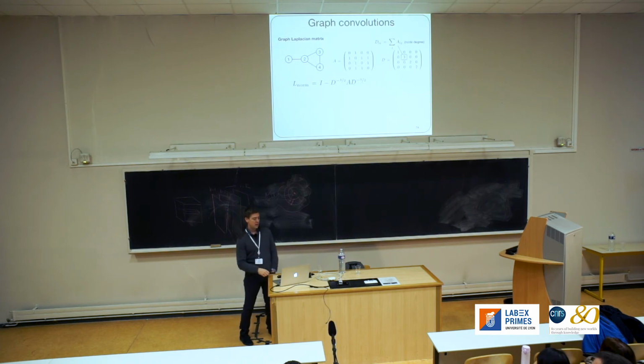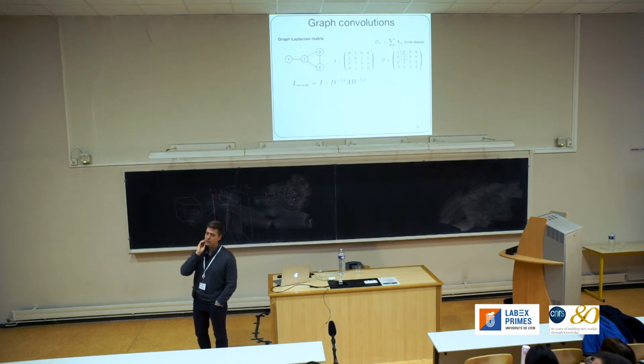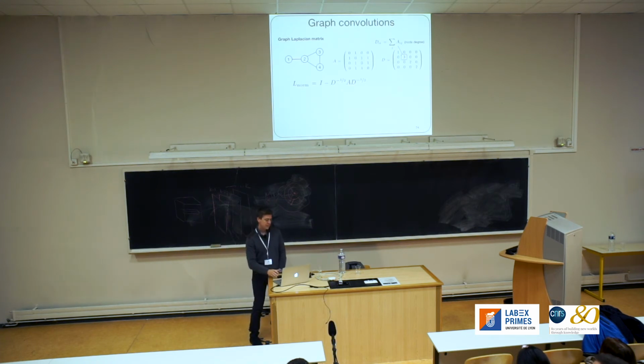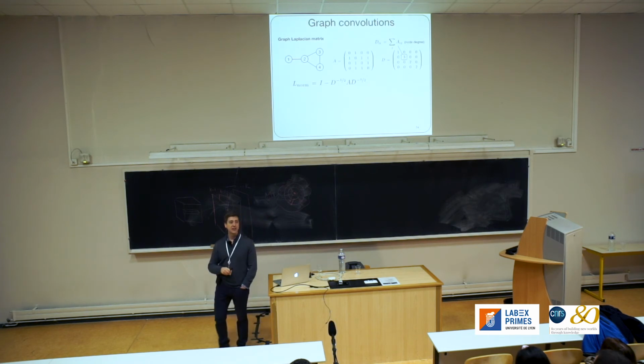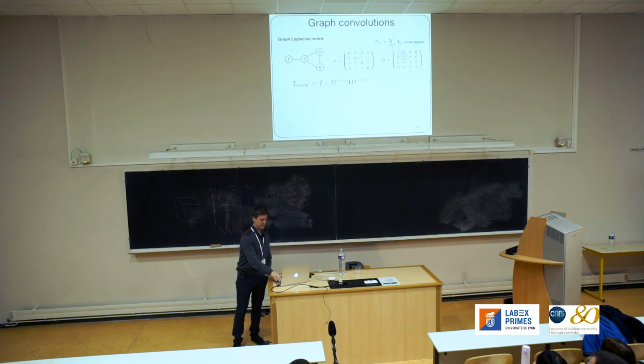The first approach uses what we call the Laplacian matrix. I think it was introduced on the first day when they talked about unsupervised learning. The Laplacian basically encodes the connectivity of your graph. It's not the adjacency matrix, but it's related.